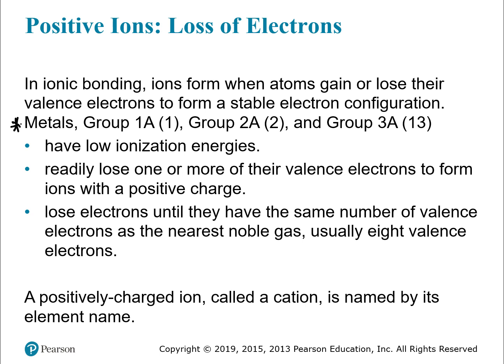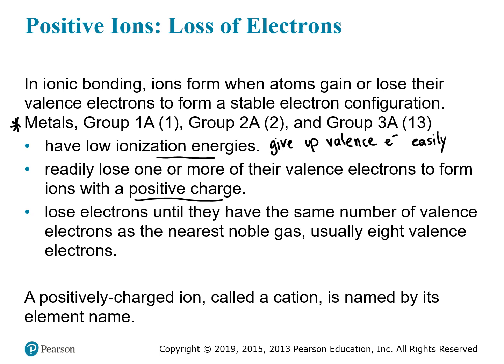If you remember, when we were talking about periodic trends, metals have a low ionization energy, which means that they give up valence electrons easily. So when they do that, they form an ion with a positive charge.